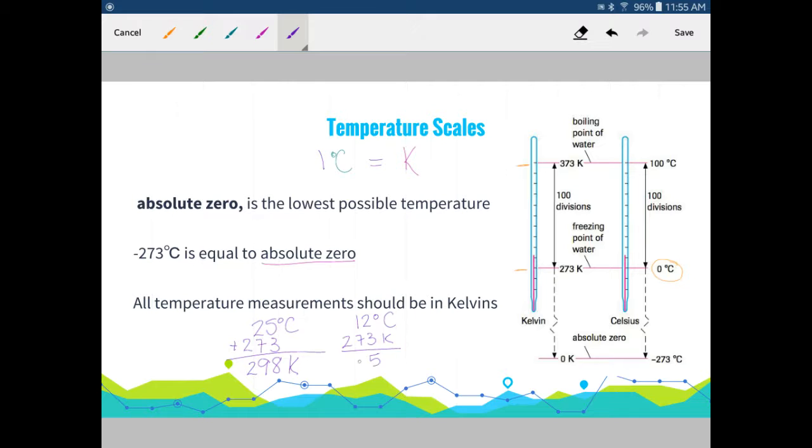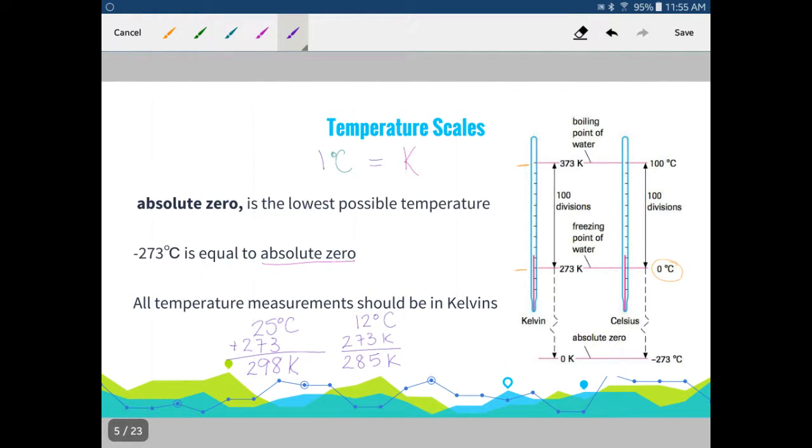This gives me 285 kelvins. So all I have to do to convert my units from kelvins to centigrade or centigrade to kelvins would be either to subtract or add 273 from either value. Again, if I'm converting from kelvins to Celsius, I would subtract 273. If I'm going from Celsius to kelvins, I'm going to add 273. So you should be quite familiar with these conversions of both temperature and pressure as we go through the unit.